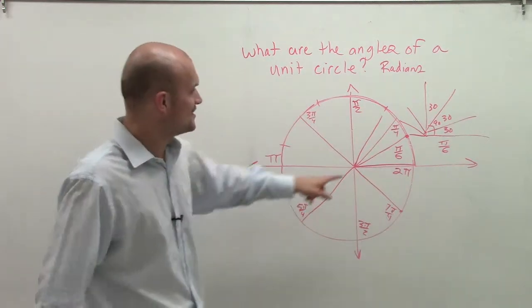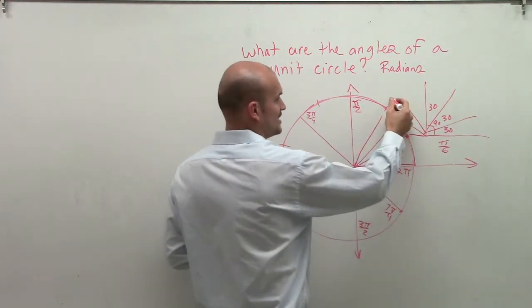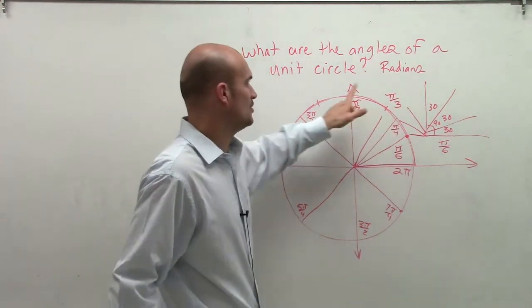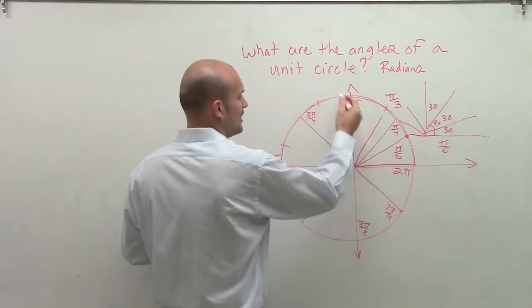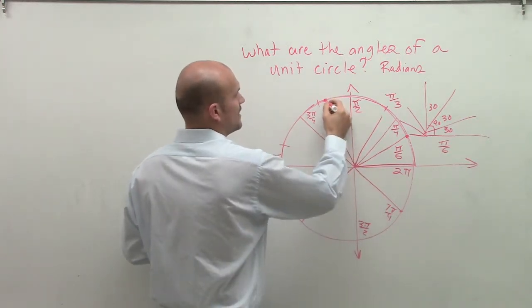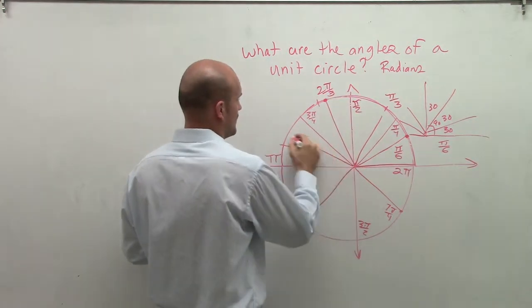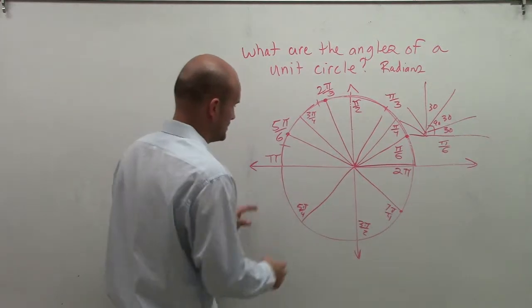Sorry about that. So now to find the next angle, pi over 6, which would be 2 pi over 6, which is pi over 3. Add another pi over 6, we get 3 pi over 6, which is pi over 2. Then this one is going to be 2 pi over 3, and here is going to be 5 pi over 6.